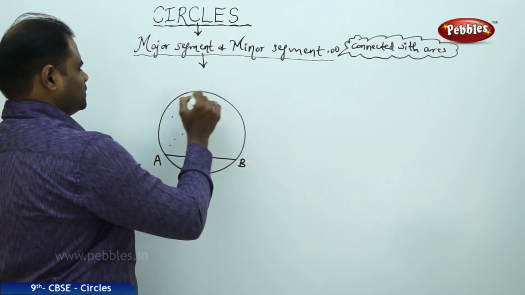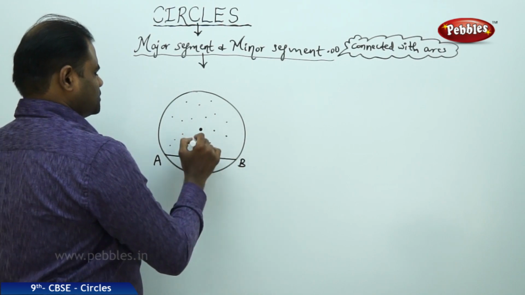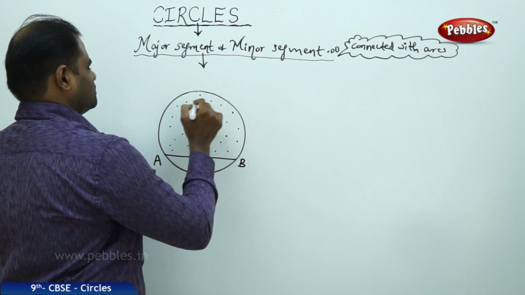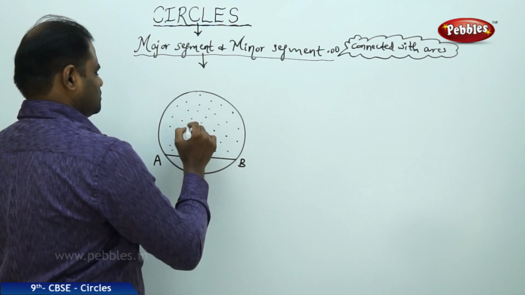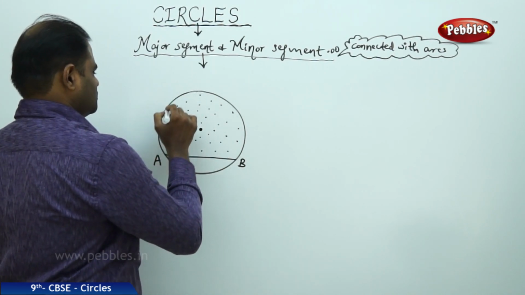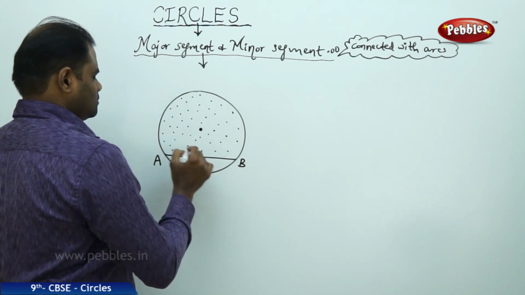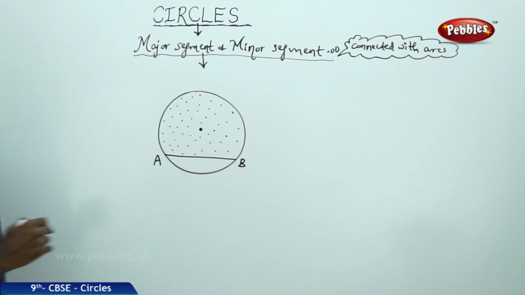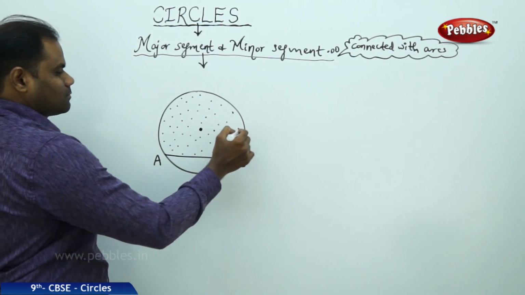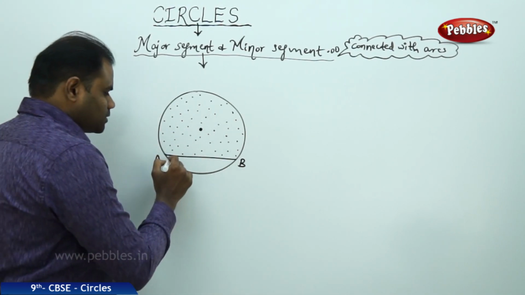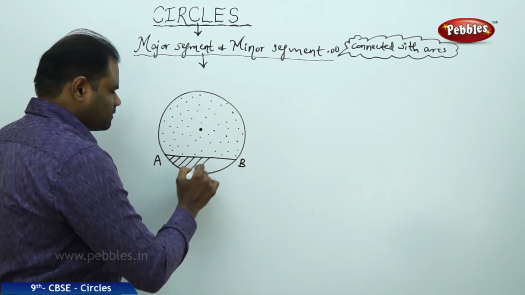Now I have the regions denoted with this. Now in this case, I have two regions, the first region and the second region.